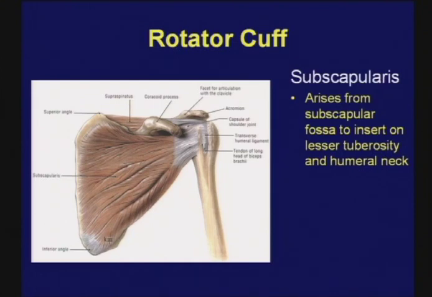The dominant subscapularis muscle, which in this particular drawing taken from the literature ends right here at the lesser tuberosity. Now, it is important you recognize that that is not the entire story of the attachment of the subscapularis tendon. 30 to 40% of it attaches below the lesser tuberosity to the surgical neck.